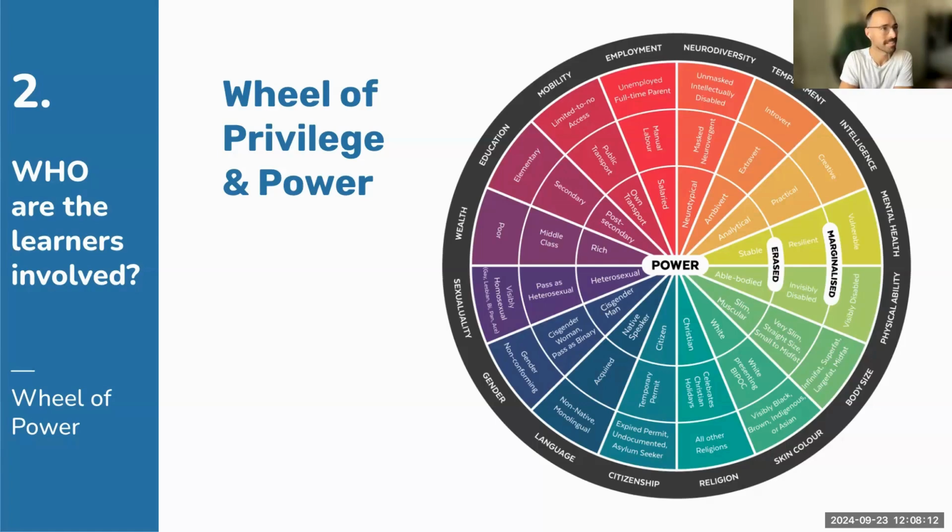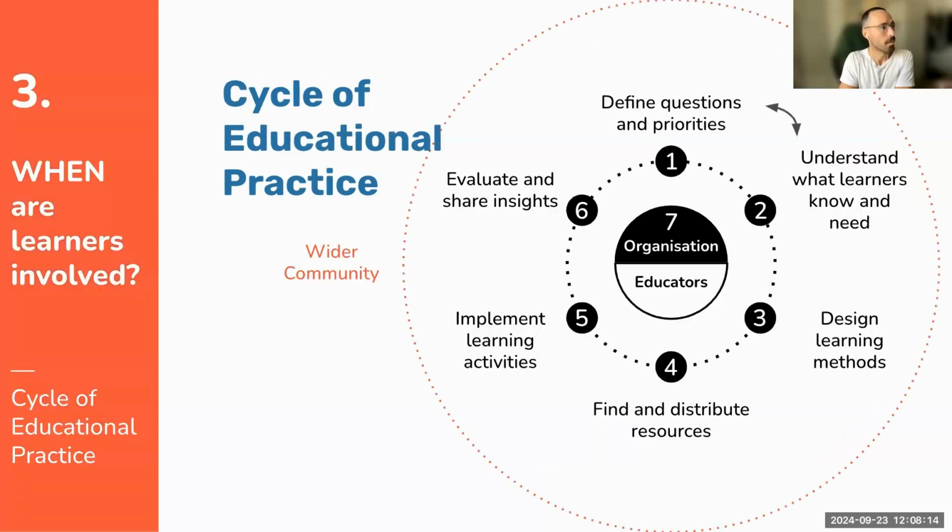Because every group has its own composition. When are learners involved? This is just to decompose a little bit the moments or the spaces in which the learners are going to participate. You don't need to make everything participatory. You could be very specific about, okay, I'm going to design my course for the group of women that live here in Redondo.